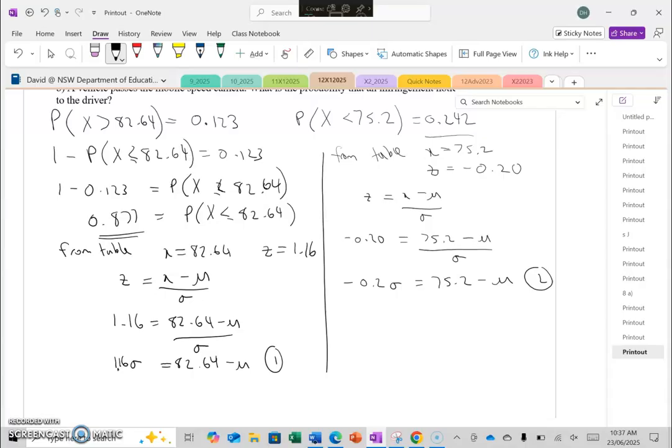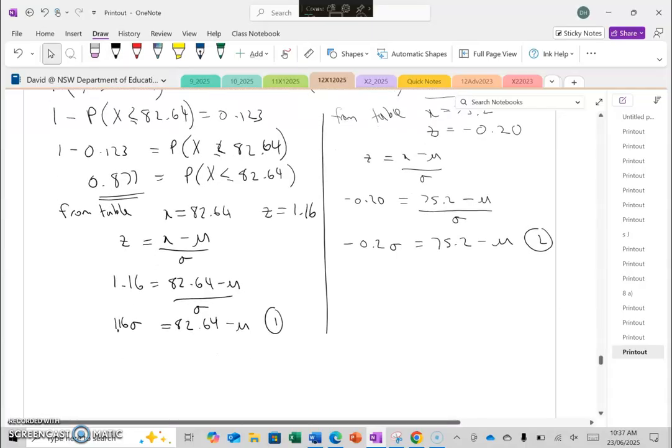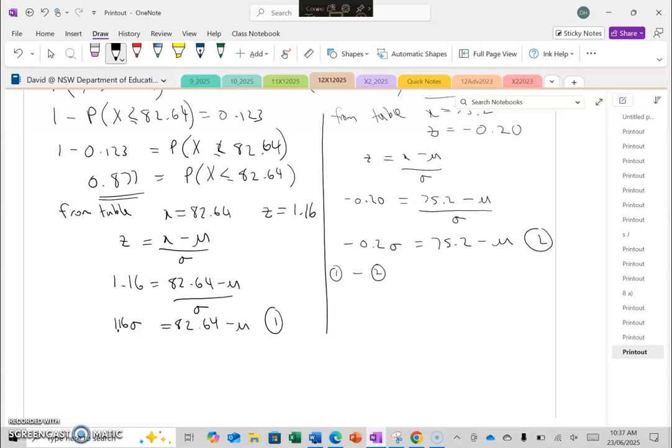My first thought is let's eliminate mu. If I subtract those equations, I will eliminate the minus mu. So if I do equation 1 take away equation 2, 1.16 sigma, and then taking away a negative, that'll be plusing. That'll be 1.36 sigma equal to 82.64 minus 75.2, and then divide by 1.36.